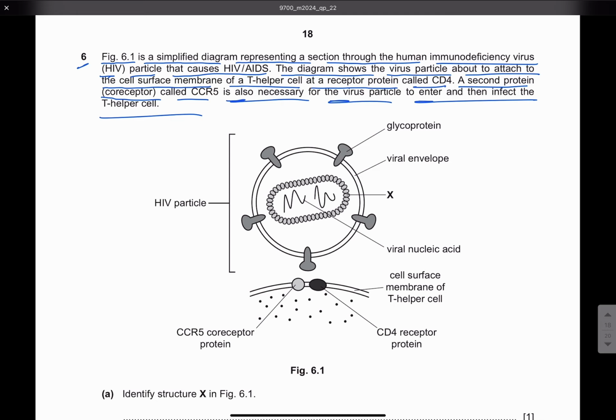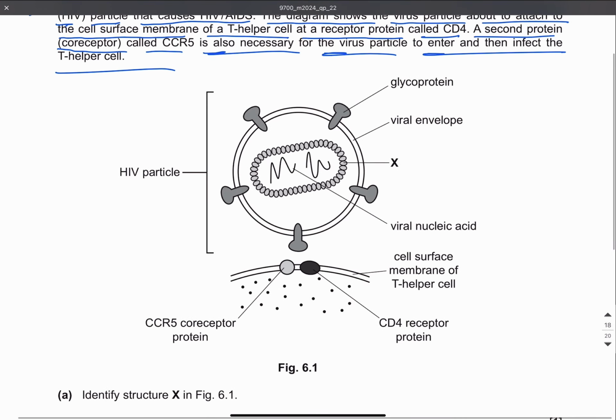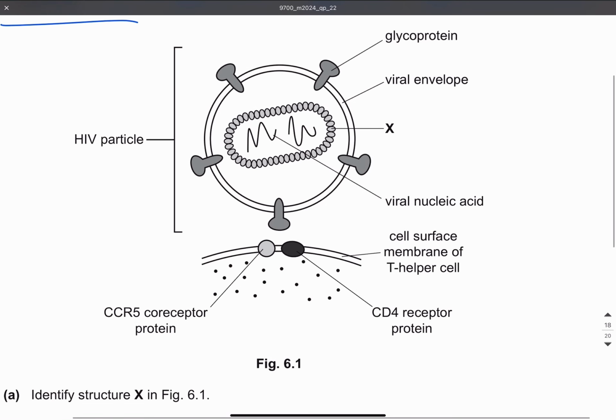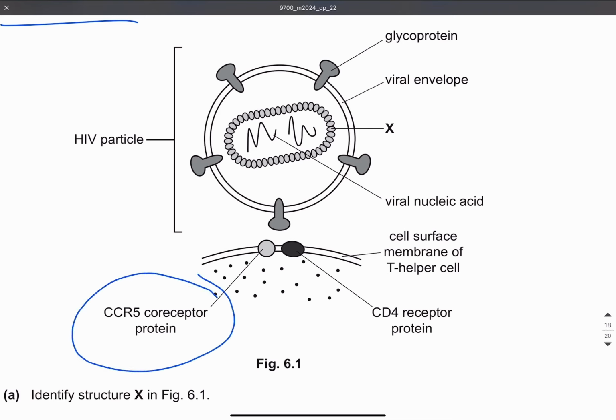So guys, over here we can see that HIV virus can infect T helper cell, and in order to infect the T helper cell, the HIV virus enters the T helper cell. For the entrance of the HIV virus into the T helper cell, CD4 receptor protein is required and CCR5 co-receptor protein is required.